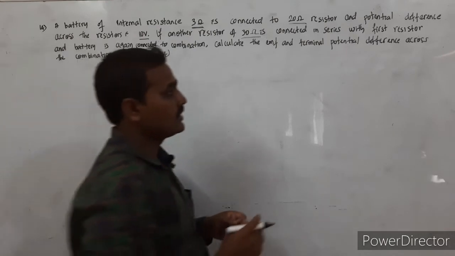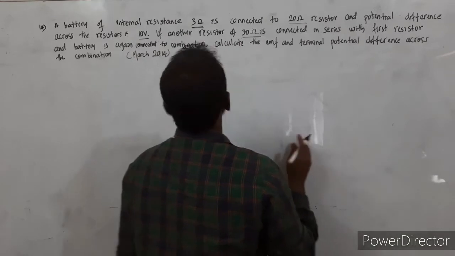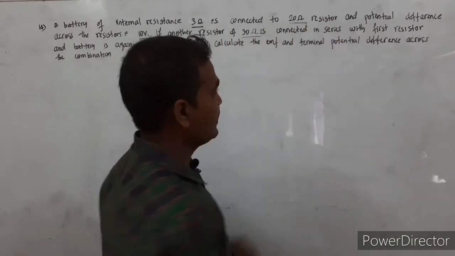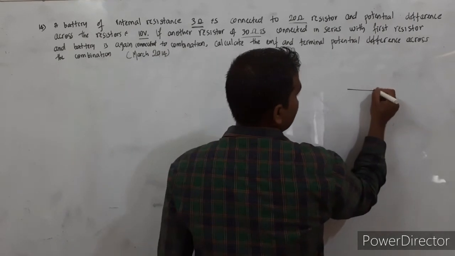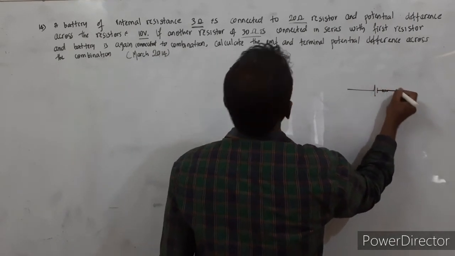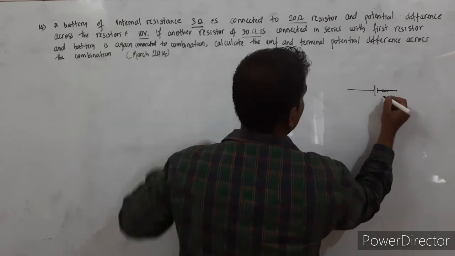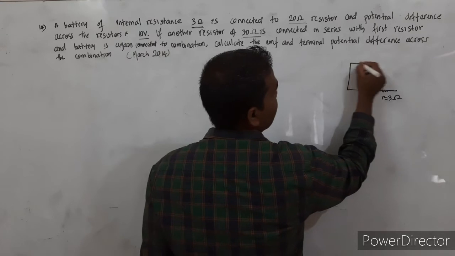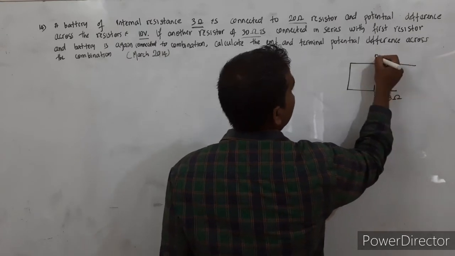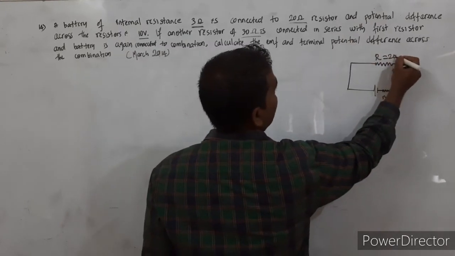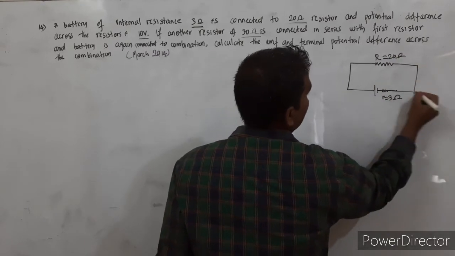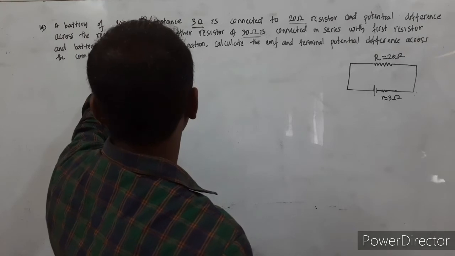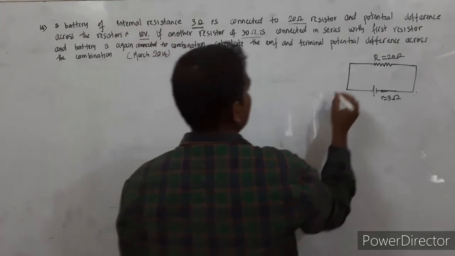Yes, see here, there are two cases. Okay, in the first case a battery is connected to a 20 ohm resistor, that we shall consider here. I have a battery of internal resistance of 3 ohm, that is small r is equal to 3 ohm. When it is connected to the external resistor of R is equal to 20 ohm, we have the potential difference across the resistor as 10 volt.